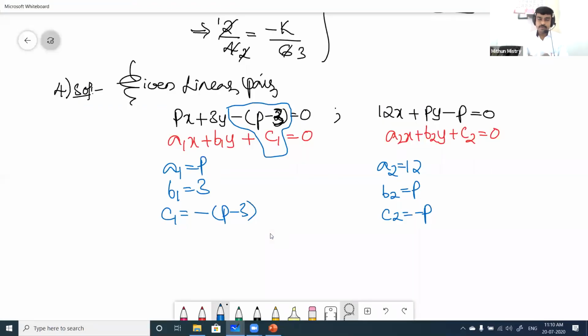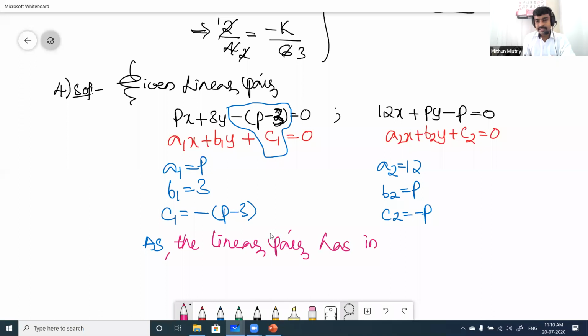The condition for coincident: the linear pair has infinitely many solutions, they are coincident.